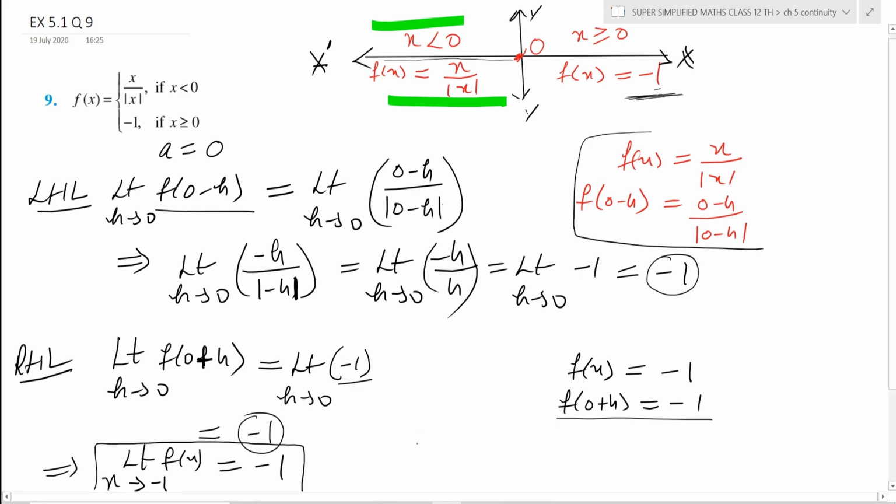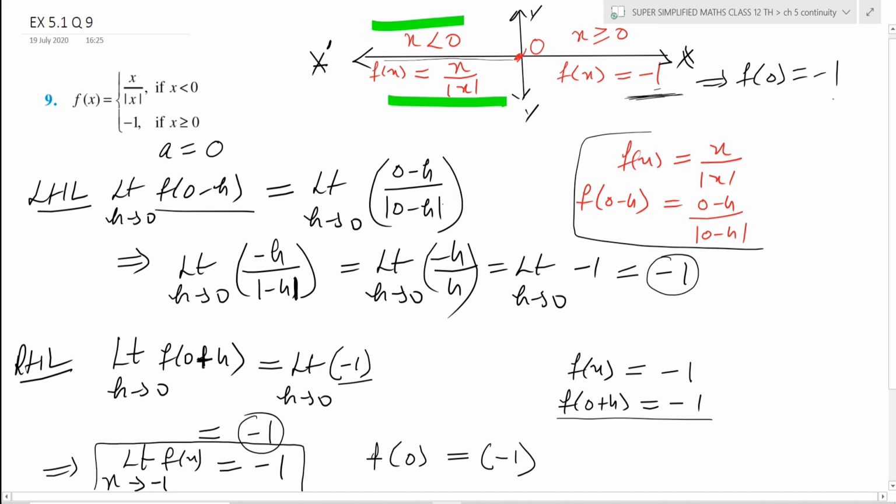Now we have to find the value of the function at 0. So now let us see here in this figure. When x is greater than or equal to 0, f(x) is -1. So it is given to you that f(0) is also -1. From here I have got it. It says that when x is equal to 0, f(x) is -1. This implies f(0) is -1.